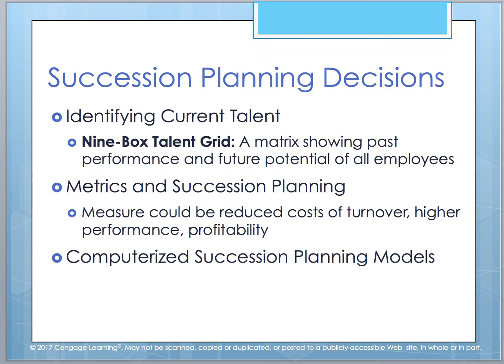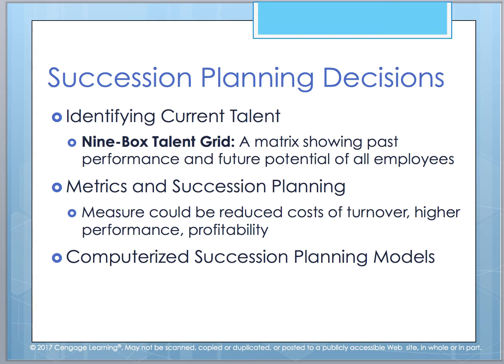So you have your planning decisions, identifying your current talent. The 9-box talent grid is a matrix that shows past performance and future potential of all your employees. Then you're measuring for succession planning and understanding that this could help reduce your cost and turnover.